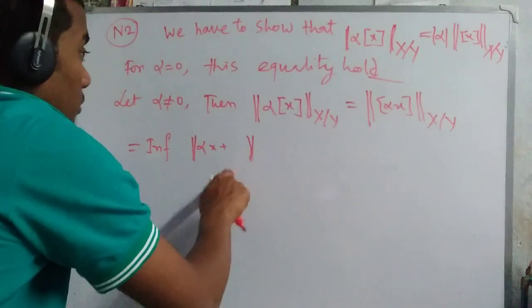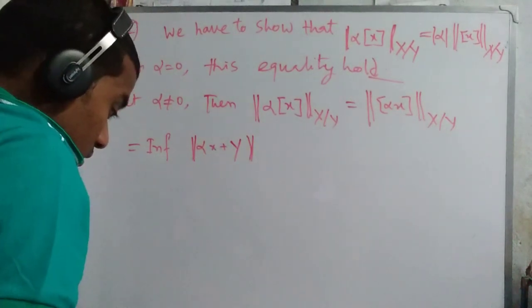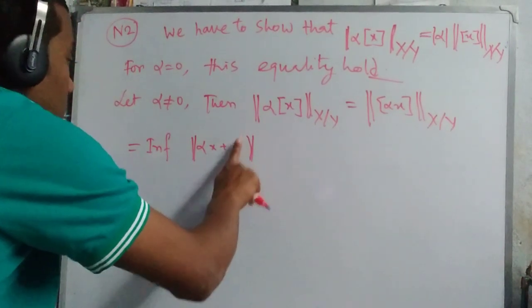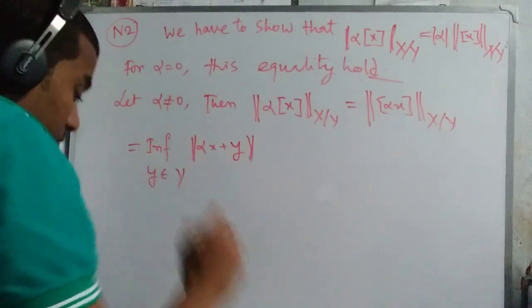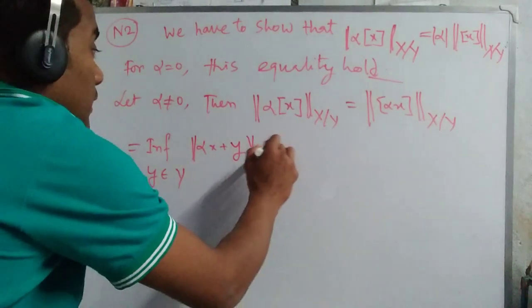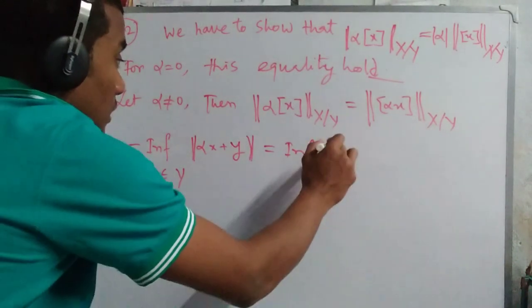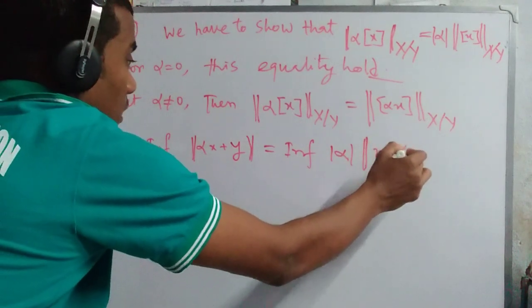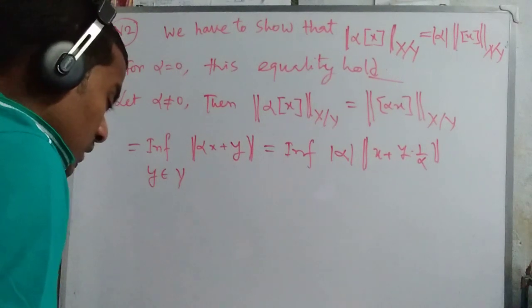Okay, we write in this way. This one y and y belongs to this y. So we write again infimum of alpha is common, then alpha outside this norm and x plus y 1 by alpha norm. Okay, then what happened?